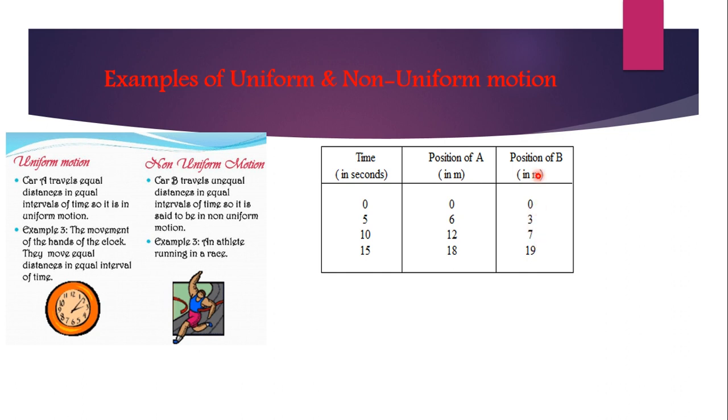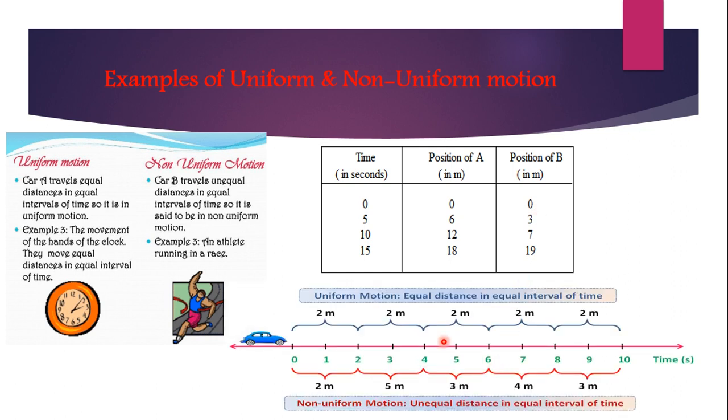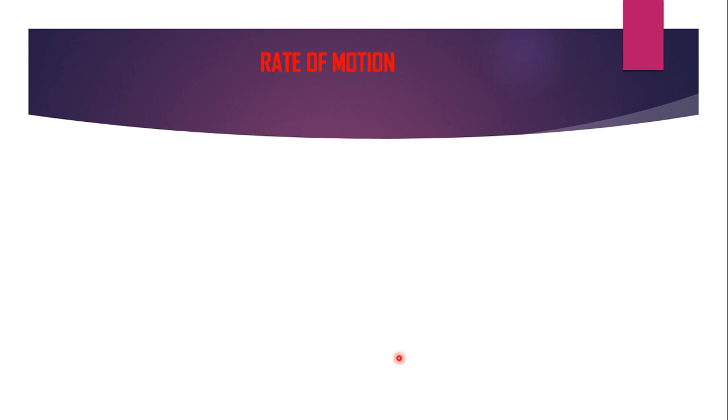So this is an example of non-uniform motion, right? Similarly, we have one more example which shows the difference between uniform motion and non-uniform motion in the same way.